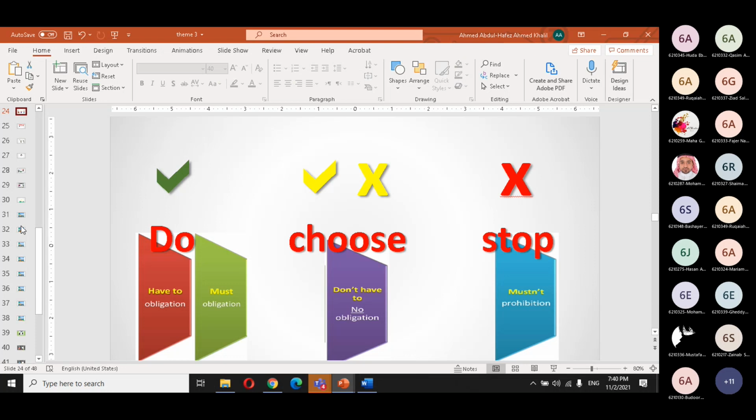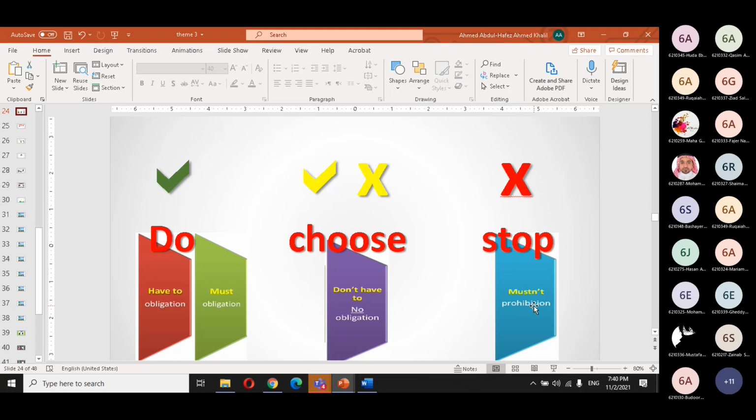If it is necessary to do, so you use have to or must. This means that something is necessary. If it is necessary not to do, so we use mustn't.